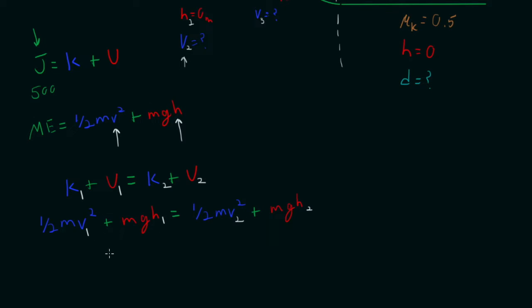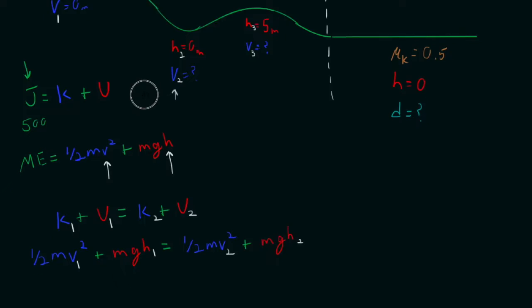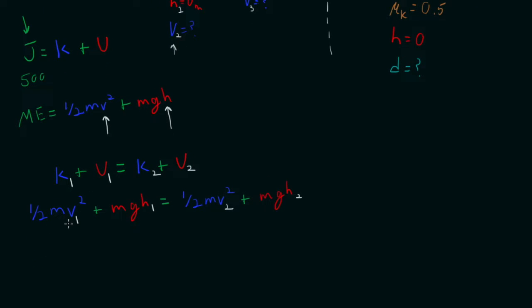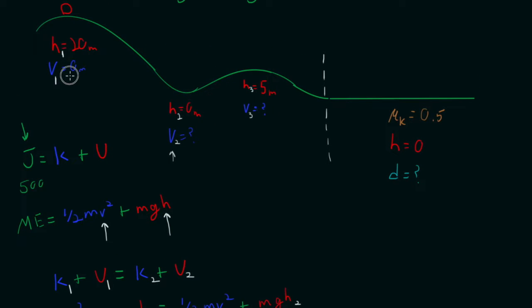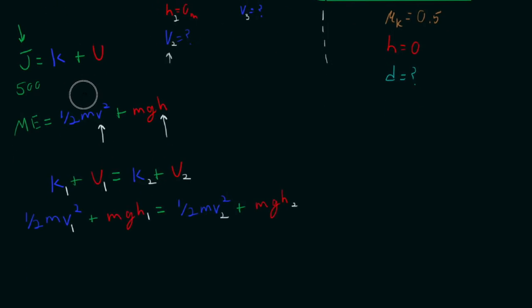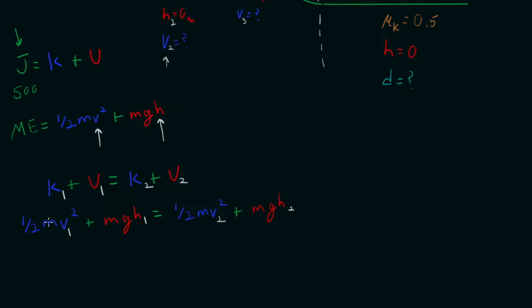So if we look at this, what we're really saying is the mechanical energy at 1 versus mechanical energy at 2. We're comparing these 2 points here. What is my kinetic energy at point 1? Well, since my velocity at point 1 is 0, my total kinetic energy would just be 0 squared, which is 0, times m, which is 0, times 1/2, which is 0.